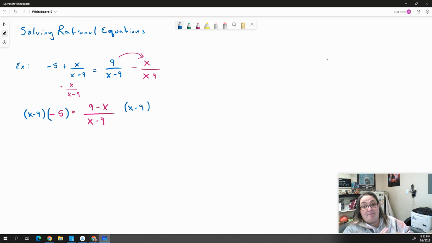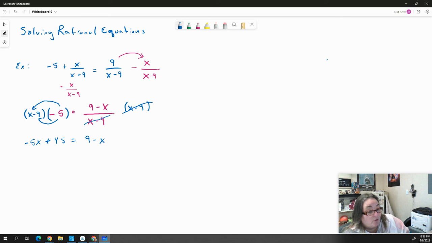So make sure and put that -5 in parentheses so we know to distribute it. But what this allows us to do is it cancels that denominator, right? And so when we do this now, we'd go -5 times x. Well, that's -5x. -5 times -9. Well, that's plus 45 equals 9 minus x.